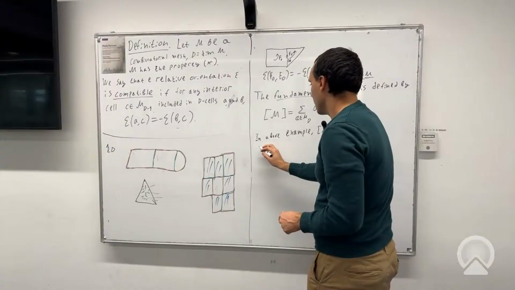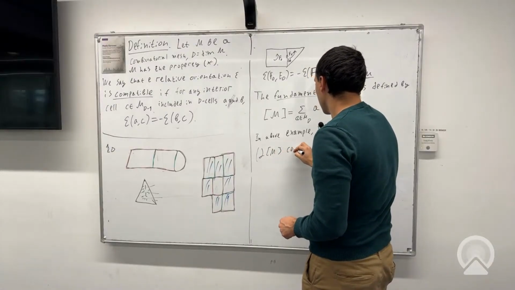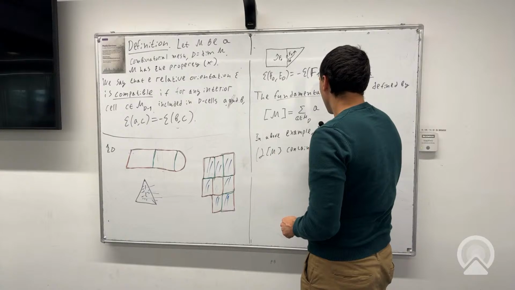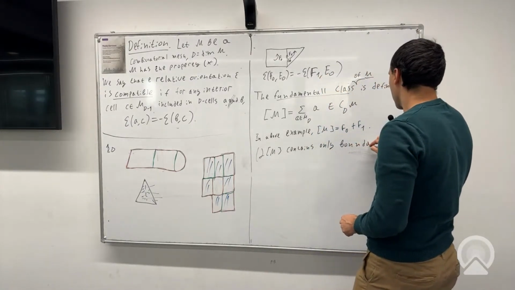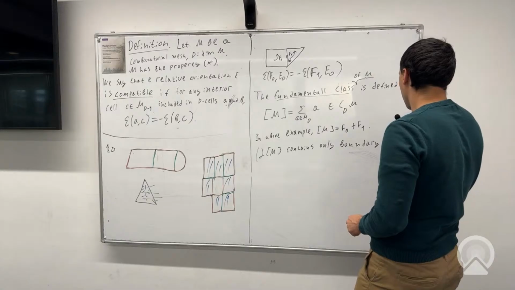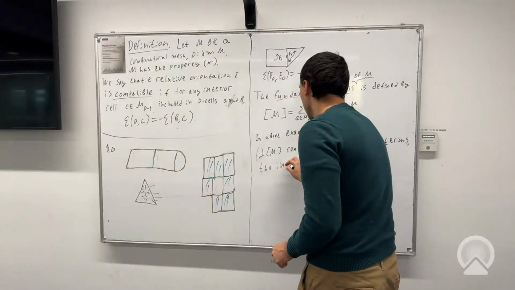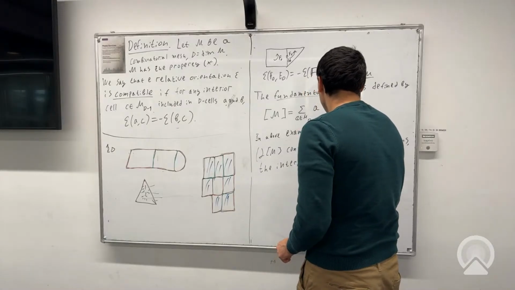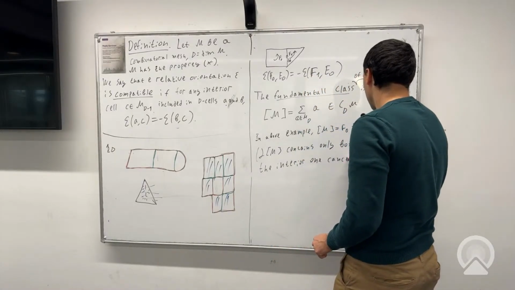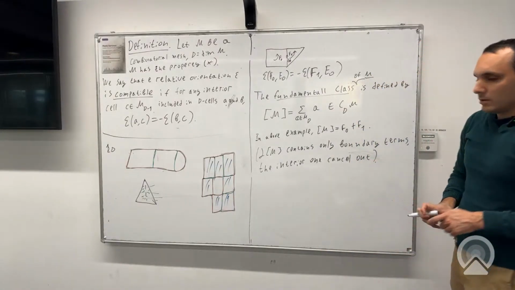So the boundary of the fundamental class of M contains only boundary terms. The interior ones cancel out.